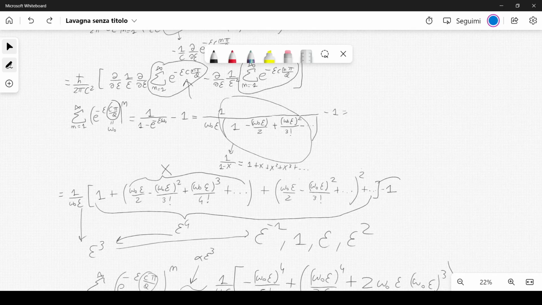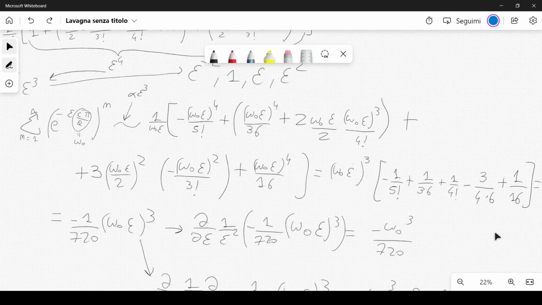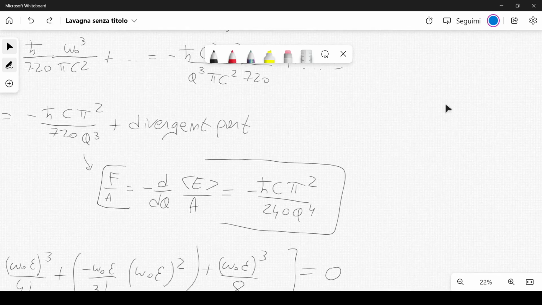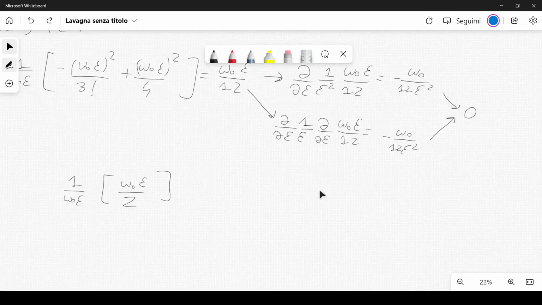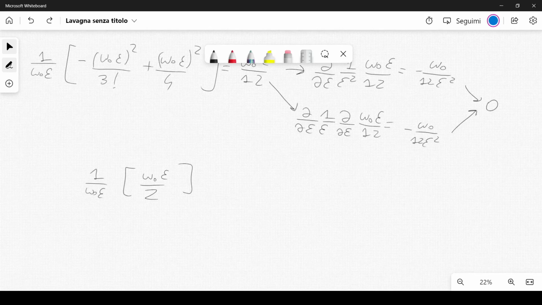Then we also have to remember to subtract this, we have to consider this minus 1 as well, because that's also of order 1. So here we get this minus 1, and this is just going to give you minus 1/2.